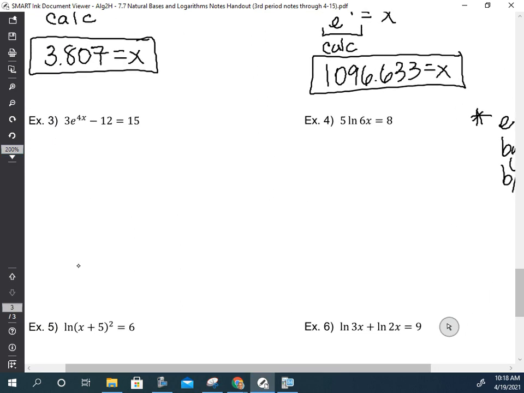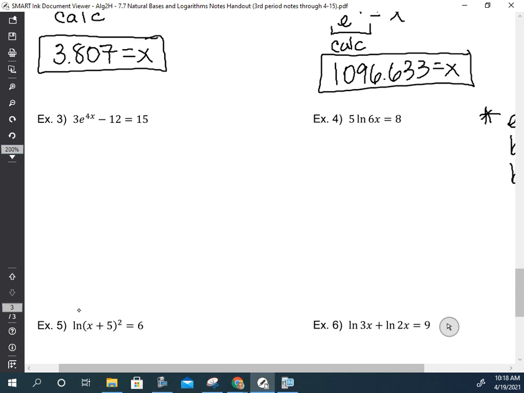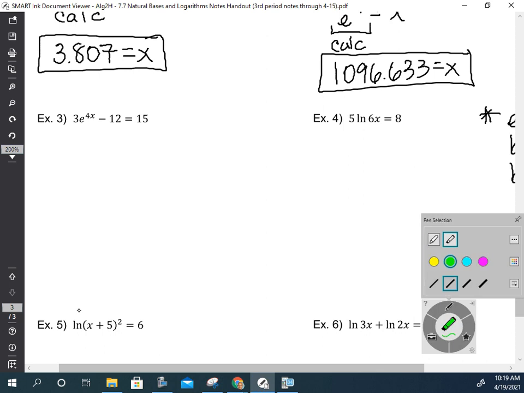Let's start with example 3. We've got 3 e to the 4x minus 12 equals 15. Let's bring the highlighter up here. e has to be raised to an exponent, so that's e to the 4x.